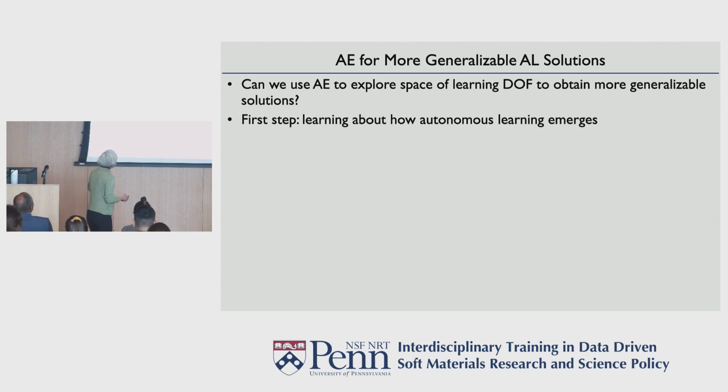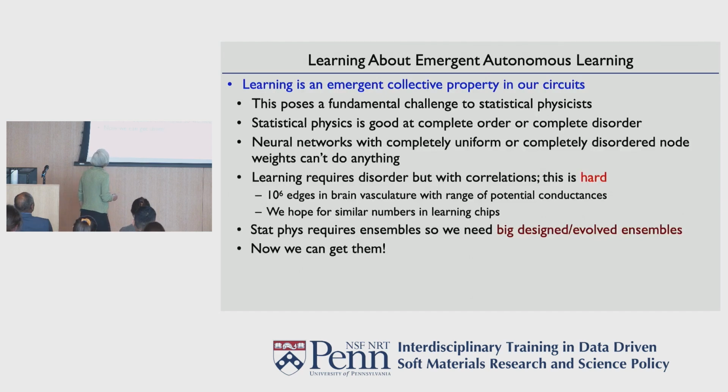So the first thing to do is to learn about how the system manages to learn, in order to use that to guide us to try to find ways to learn better. That's a hard problem, actually.